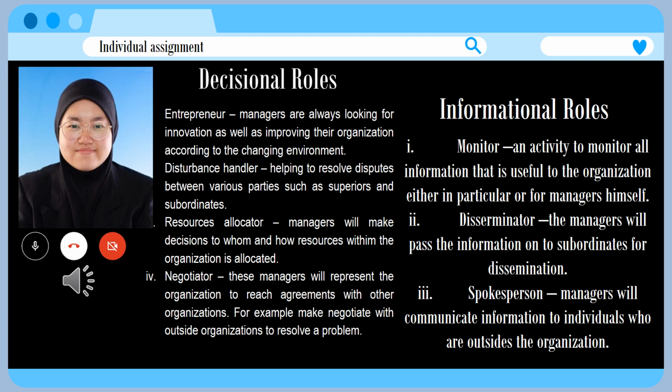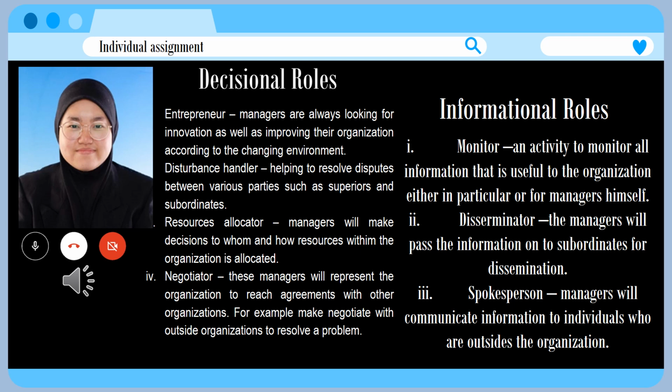So the last role is the informational role. Inside the informational role, we have 3 items: monitor, disseminator, and spokesperson. Monitor is an activity to monitor all information that is useful to the organization, either for the organization or the manager himself.